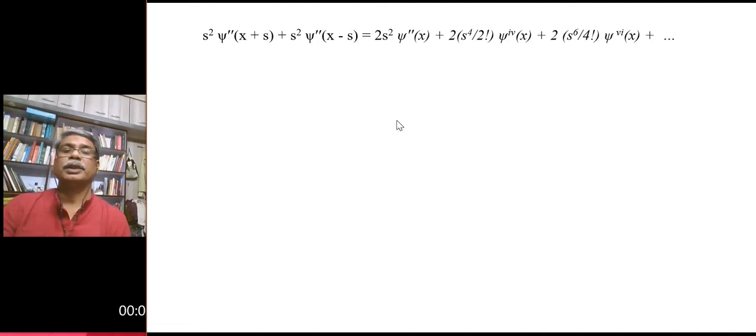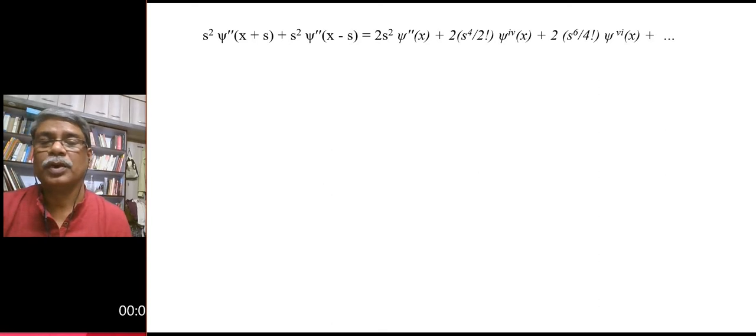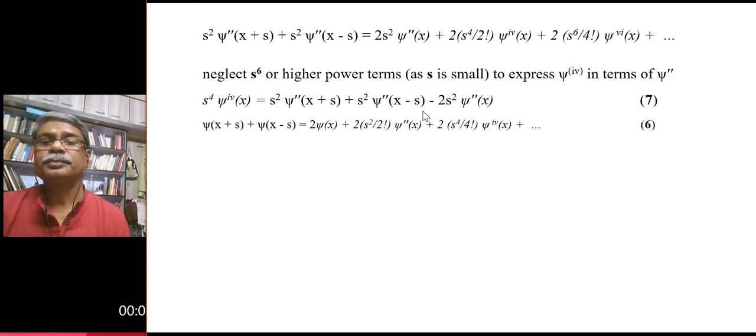So that is exactly what we wanted, to eliminate the problem regarding the psi fourth derivative term, and now we simply put it in the next. So after removing this s to the power 6 term by approximation, we get s to the power 4 psi fourth derivative in terms of, you see, only double primes.